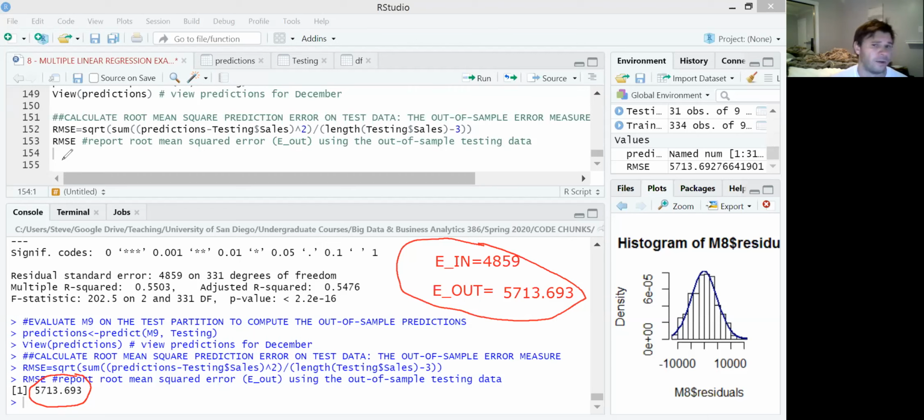We thought about interpreting diagnostic model results, and then we did some actual out-of-sample prediction by partitioning the data into training and test sets, and evaluating the efficacy of that model by computing this out-of-sample error metric. If we had to compare models in terms of how good we are at predicting, I would really use that E out metric as kind of your guiding light. That tells you how good you are at predicting relative to the true population function, that true data generating process.